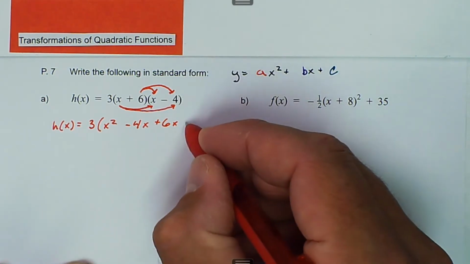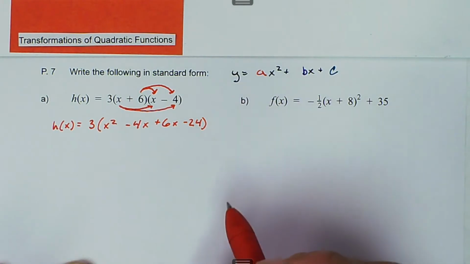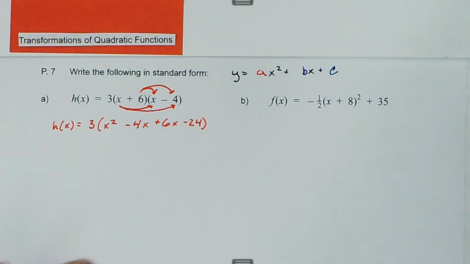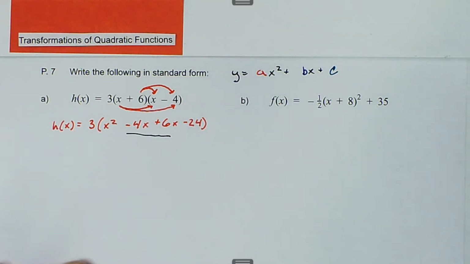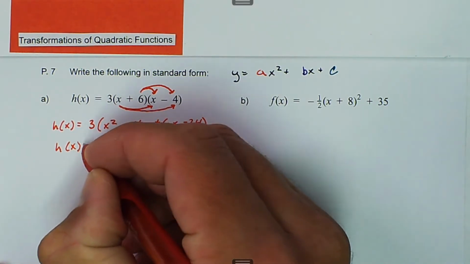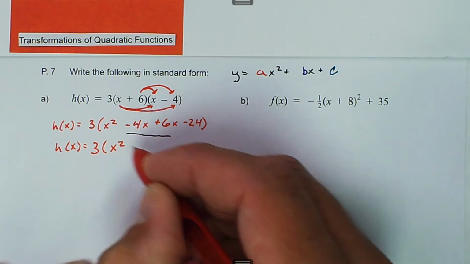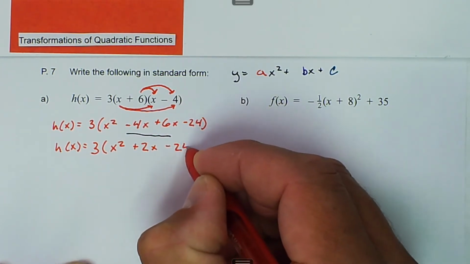And 6 times -4 is -24. Then we can combine like terms. So we get h of x is equal to 3 times x squared plus 2x minus 24.